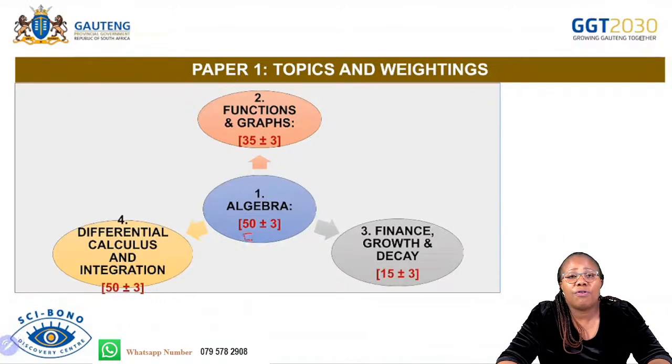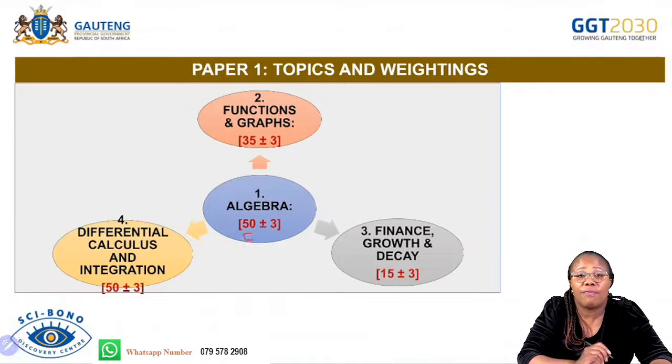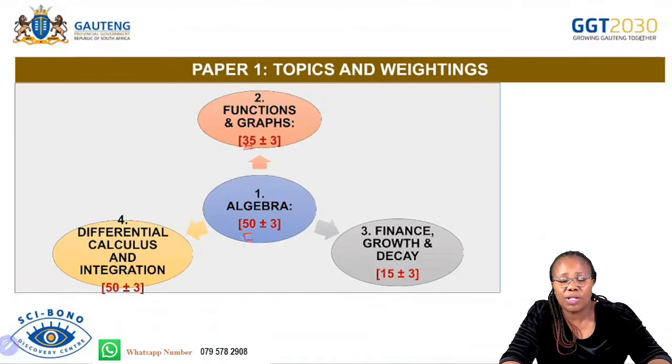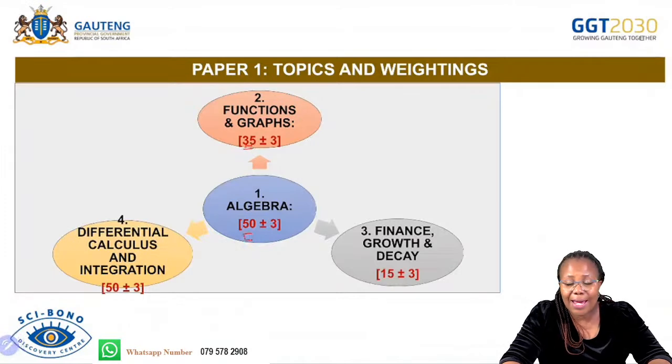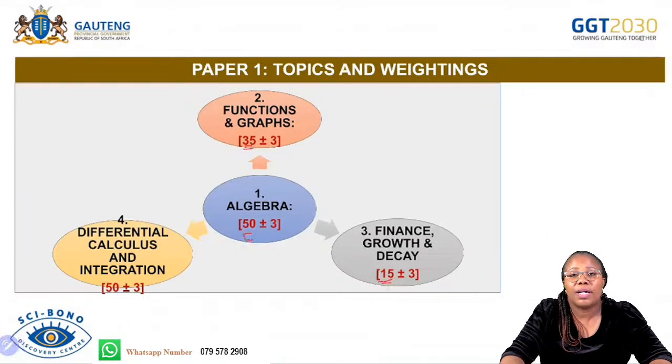And therefore followed by functions and graphs. The total weighting for functions and graphs on your paper will be 35 marks plus minus 3. The third topic is financial growth and decay, and finance is allocated 15 plus minus 3.